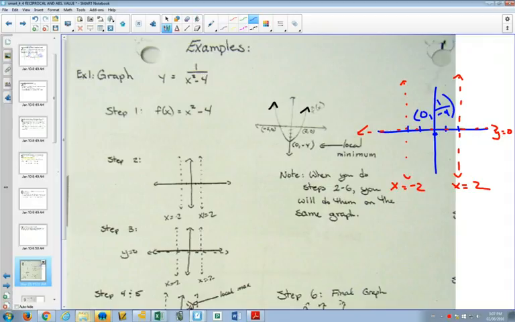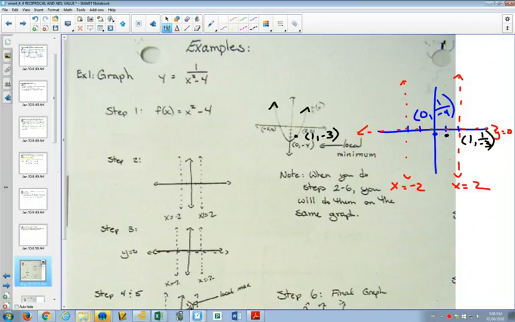What are some other points that you know on your original parabola? If you can't think of any, just put some in. For example, what happens when x is 1? I'd have 1, negative 3, right? So where's that point going to be? 1, comma 1 over negative 3.